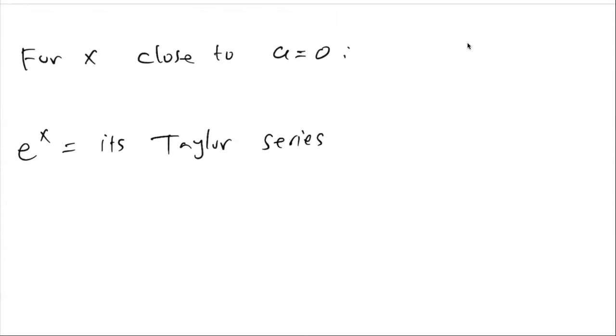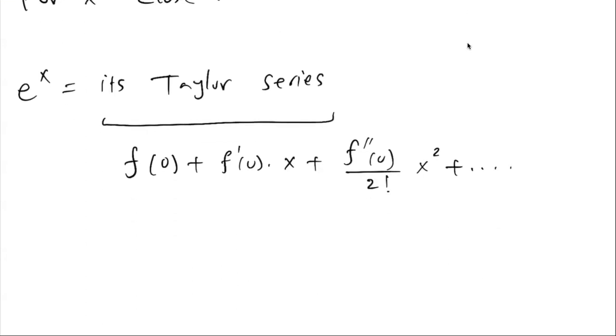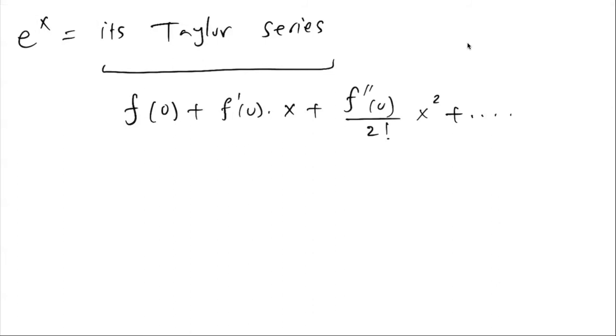What is the Taylor series of e to the x? We know that this can be written as f of 0 plus f prime of 0 times x plus f double prime of 0 over 2 factorial x squared plus other terms. Now, what is f of 0 here? Here, f of x is e to the x.